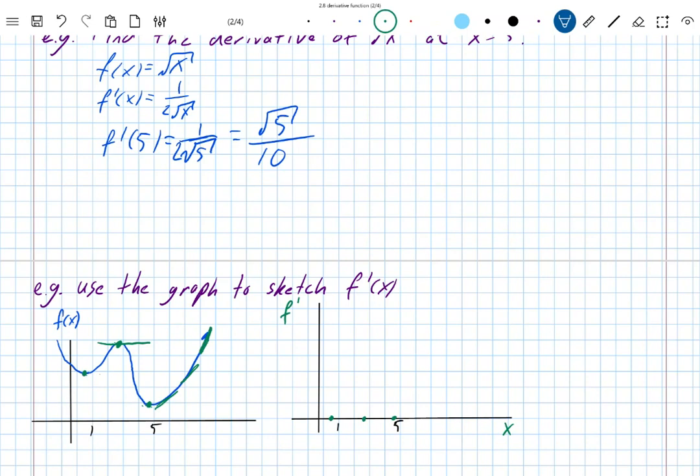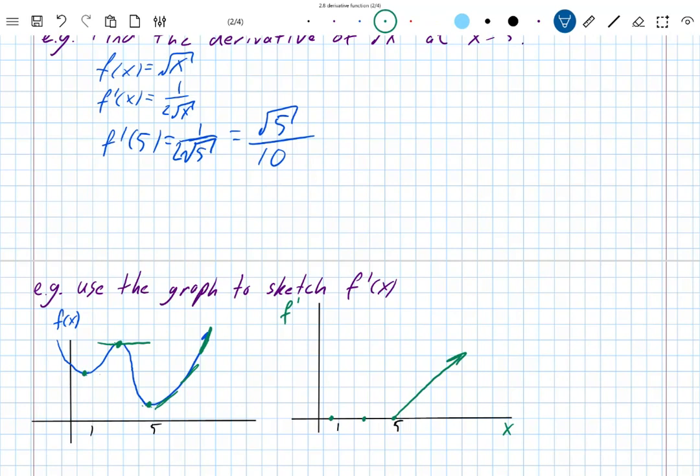Those tangent lines are getting steeper and steeper with a positive slope. So if the slope is positive, that means this thing is going to be above 0, above the x-axis, and getting bigger and bigger and bigger. So I don't know a whole lot about it right now, just eyeballing it. But as this gets steeper, then this gets higher.